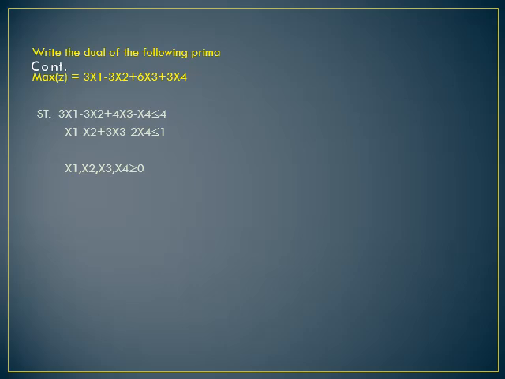If the primal contains m constraints and n variables, then its dual will contain n constraints and m variables.